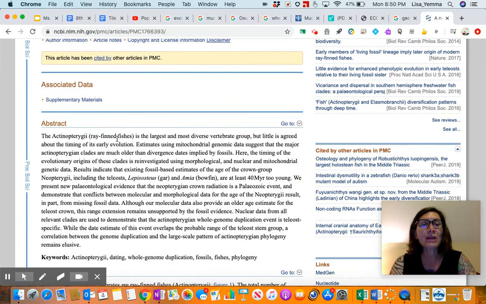And so these ray-finned fish are the largest, most diverse vertebrate group, but little is agreed about the timing of its early evolution. All of a sudden I see there's a problem. It's still not 100% set in stone about the early evolution of ray-finned fishes. So I'm just going to present information that we know so far, trying my best to use a credible source.